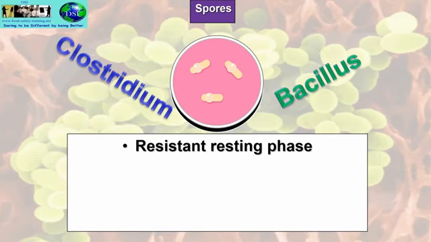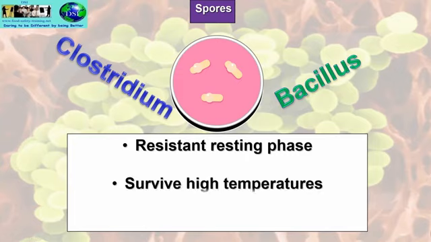Clostridium and Bacillus will not die. They'll turn into spores. But more precisely, the spore is really already present inside of the bacterial cell. And so what happens under unfavorable conditions, the bacterial cell dies off and the spore comes into being.